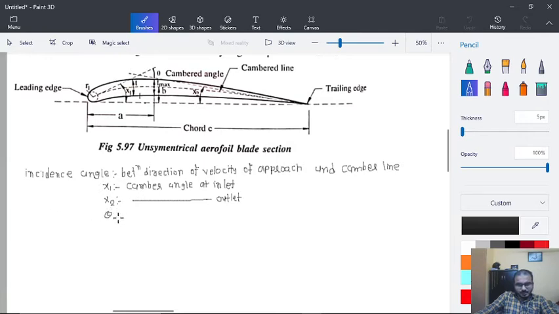Theta is camber angle, that is actually the total angle, which will be the summation of x1 and x2. Then we have B as maximum camber.